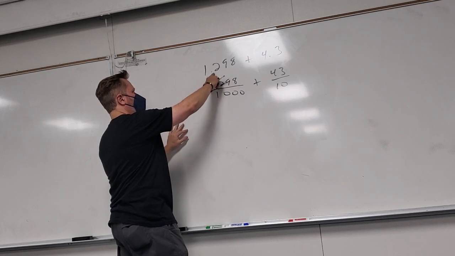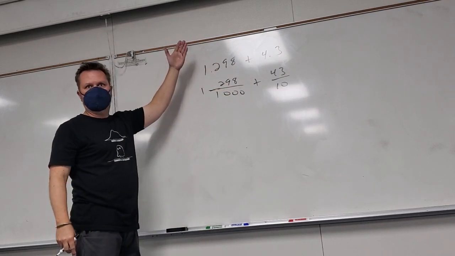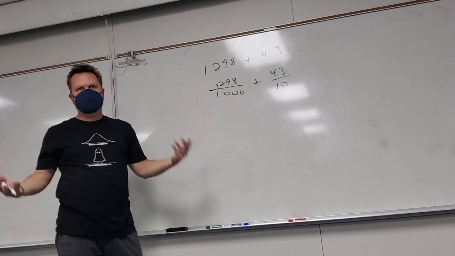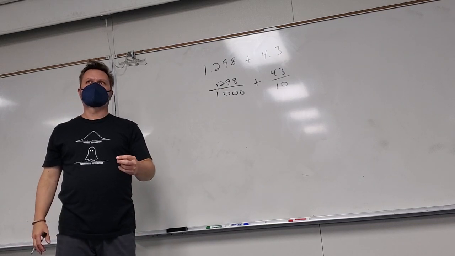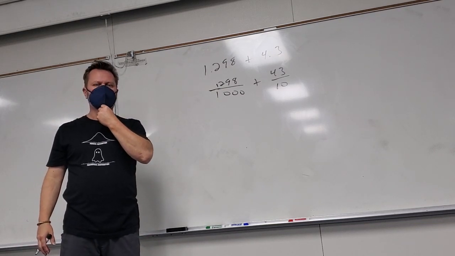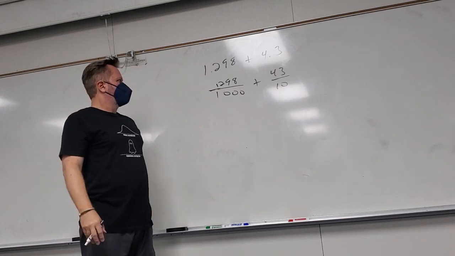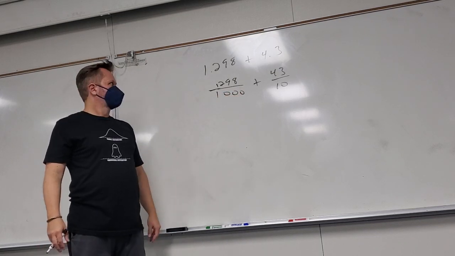So this is 1 and 298 thousandths. There's no question about that. But what's 1,000 times 1 plus 298? It's 1298, right? It's the same as a division. Never mind. And now, of course, you could just get the LCD.